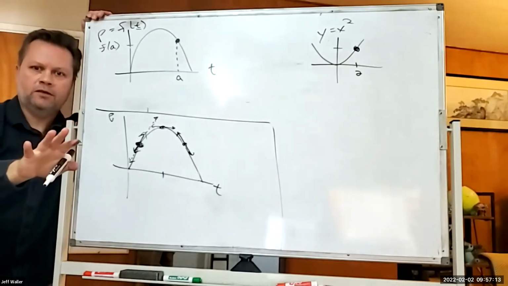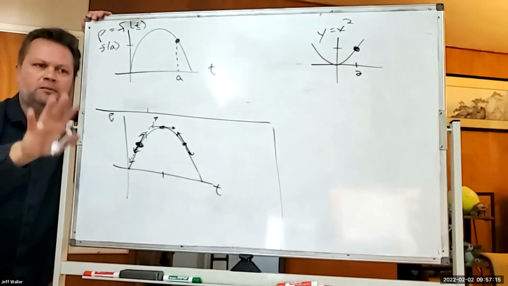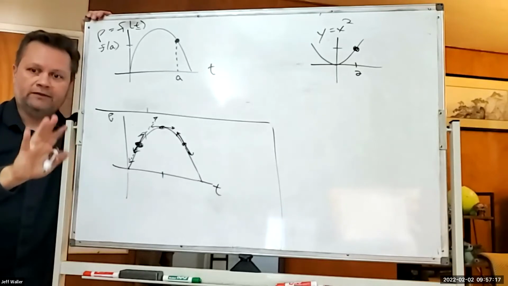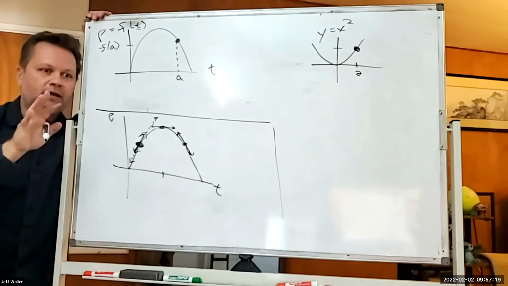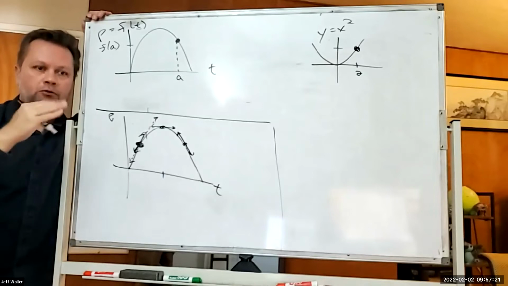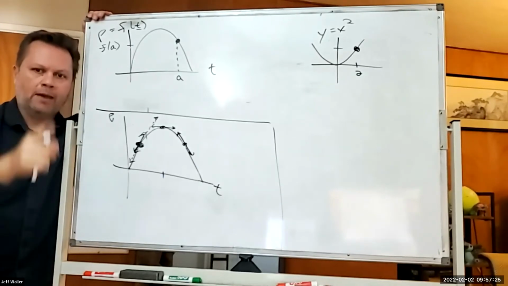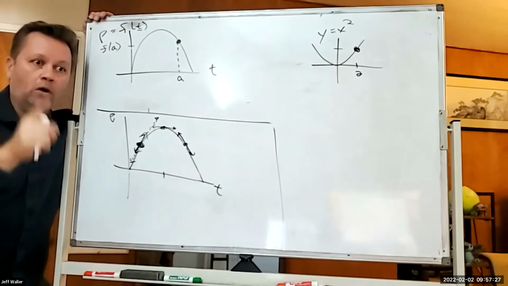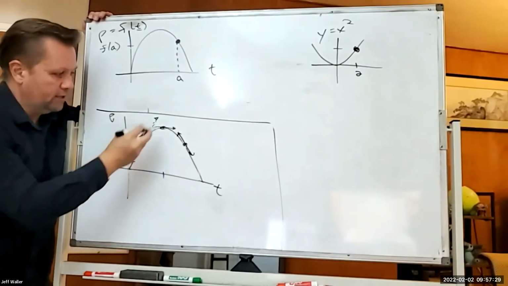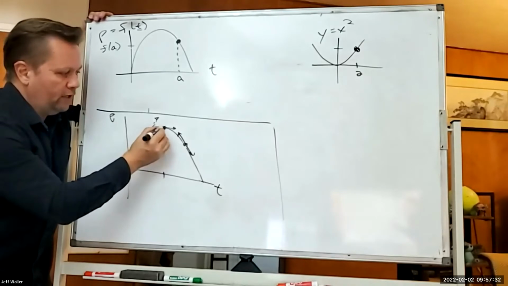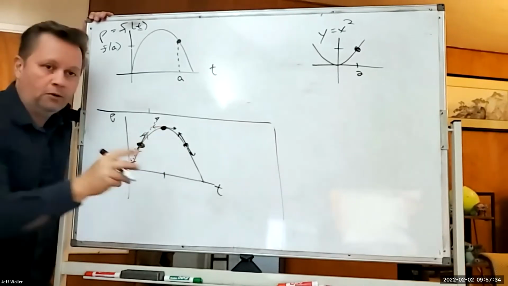Are you guys with me? Or is anybody completely lost? You have to let me know the minute I lose you. I want you to really understand what it is we want to happen. We want to know, because there is definitely a velocity at each of these points, correct?